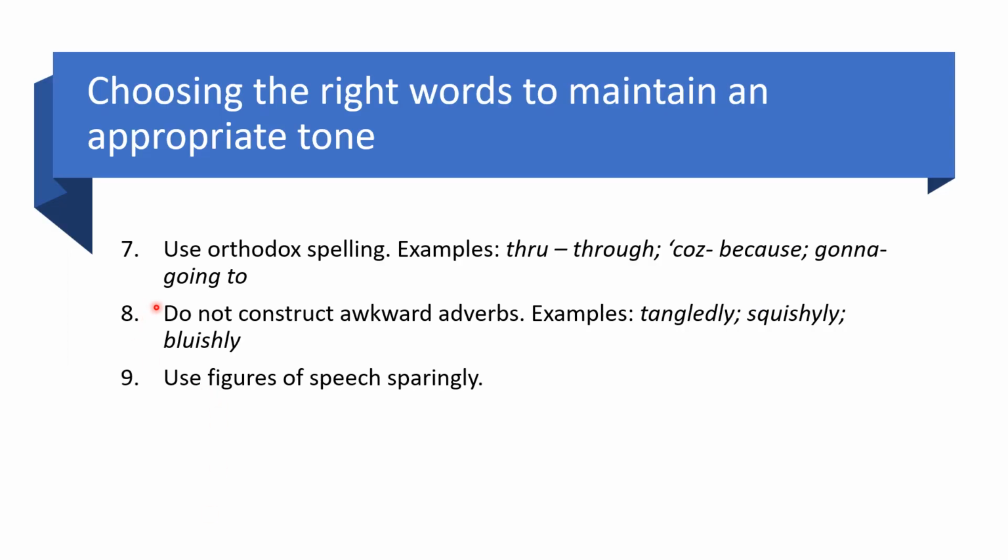Next, seventh tip, use orthodox spelling. In ordinary composition, use orthodox spelling. Do not write "thru" for through, "cause" for because, "gonna" for going to, or "pleez" for please, unless you plan to introduce a complete system of simplified spelling and you are prepared to take the consequences of your work.